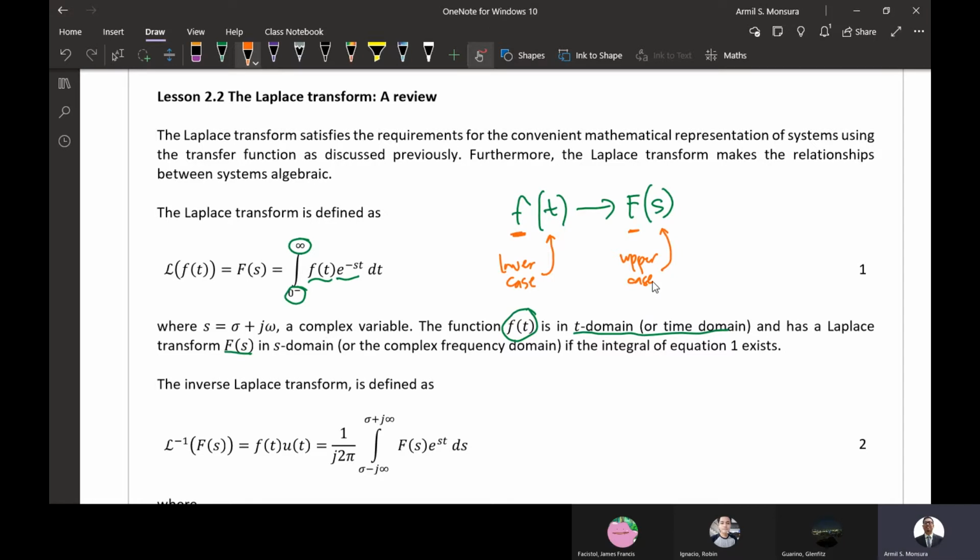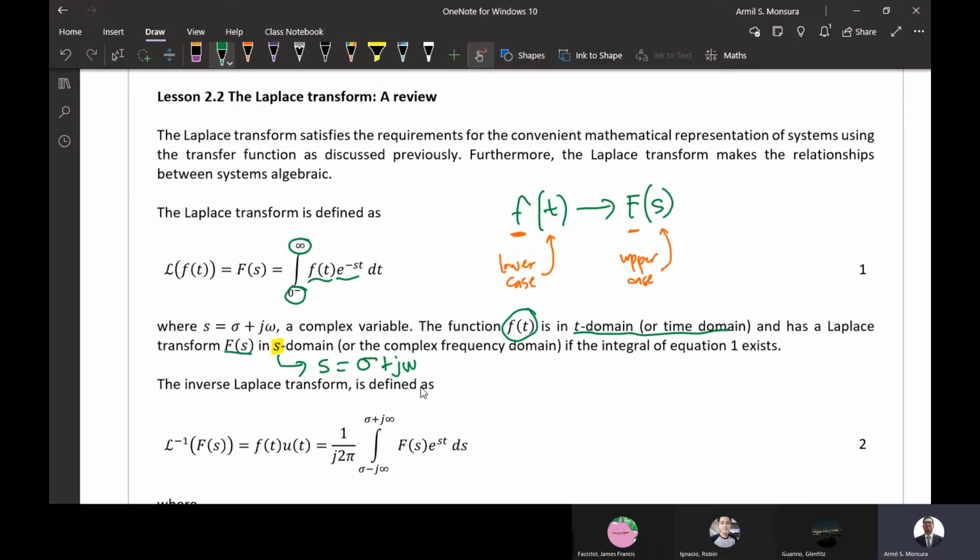Now, talking about S as the S domain, the independent variable of your Laplace transform is actually a complex variable. If it is a complex variable, it means it has a real part, sigma, plus an imaginary part, which is omega.